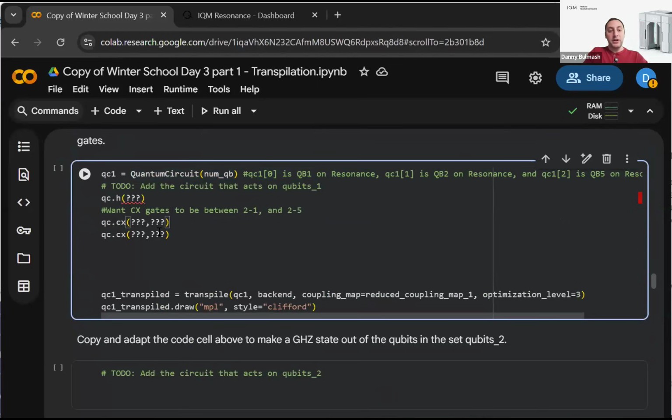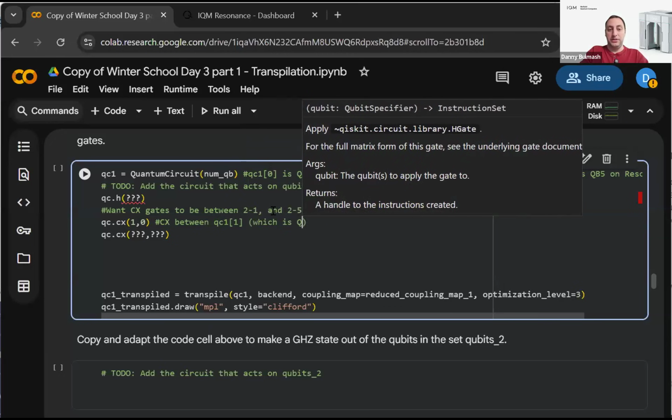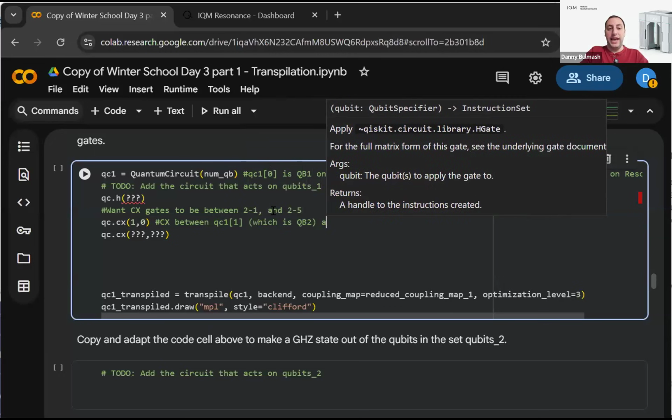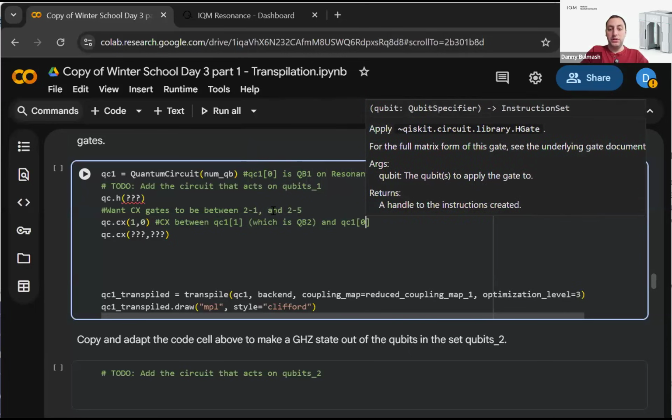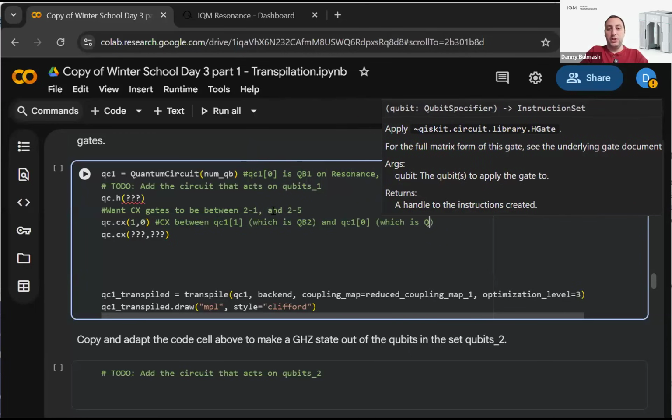So we want our CX gates to couple qubit 2 and qubit 1. So that looks like this. This is CX between QC1, 1, which is qubit 2, and QC1, 0, which is qubit 1.